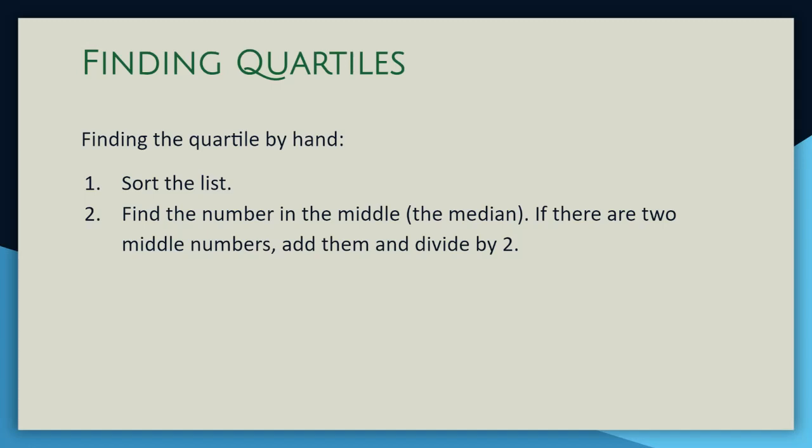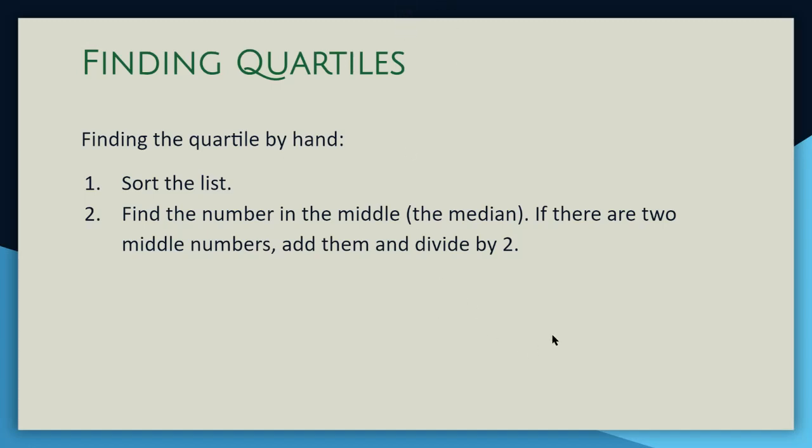If there are 2 numbers in the middle, my fingers end up right next to each other, I need to find the value halfway between them. So we add them and divide by 2. What that means is sometimes your median is a number in the list, and sometimes it's not, and that's okay.